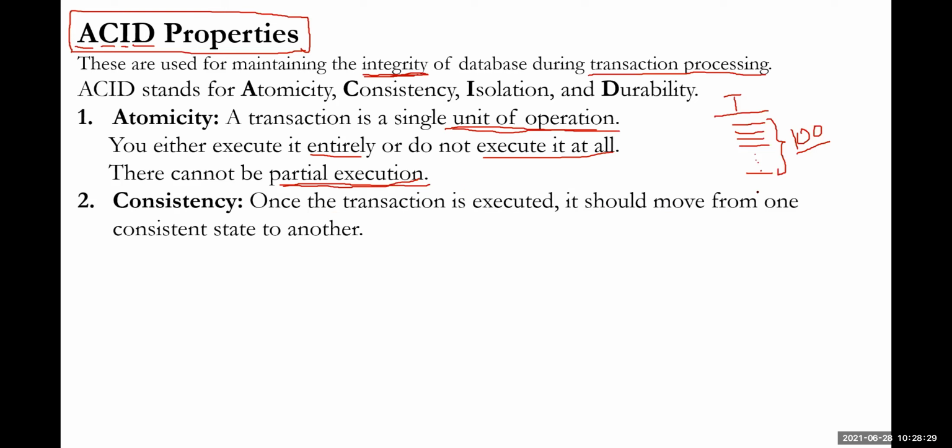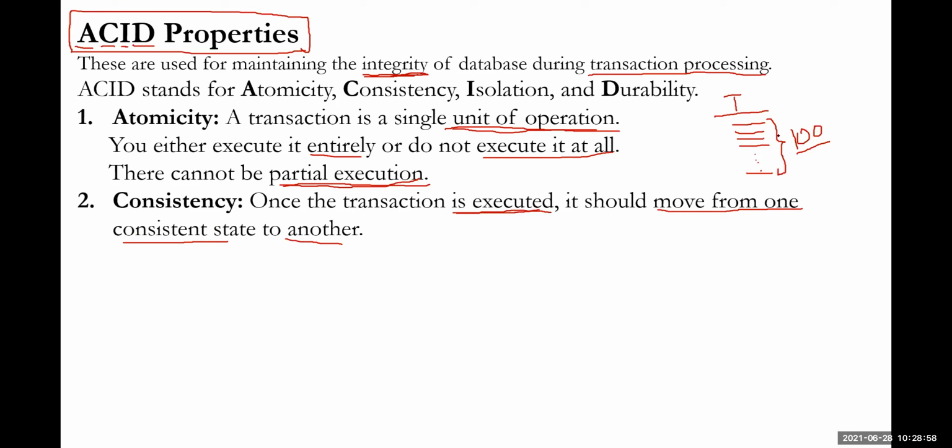Then consistency. Once a transaction is executed, this is a very important point we need to remember: the transaction will cause the database to move from one consistent state to another consistent state. It must be so.